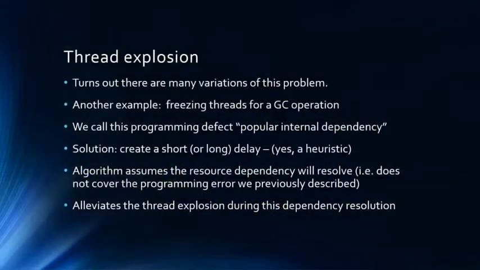And you can observe people continuing to block on the same thing. If we observe this popular internal or external dependency, then what we do is we start putting delays on the creation of the next thread. And so basically what we do is we slow the thread pool down.